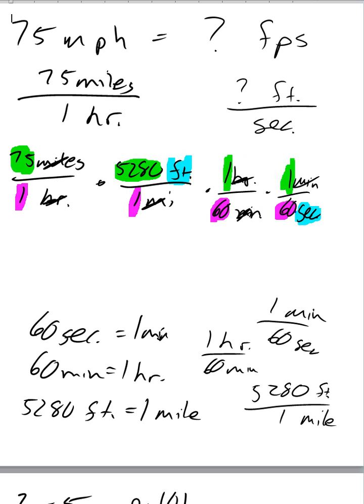All right, so as I do that, if I take 75 times 5,280, as I do that, 5 times 0, 0. I'm running out of room. Can you guys trust me on this if I just multiply it out?